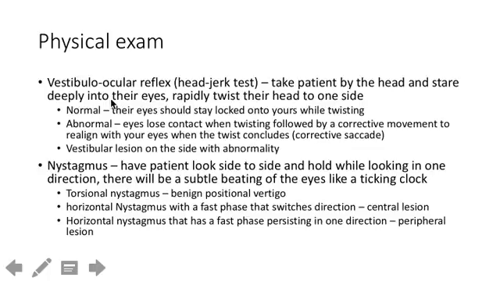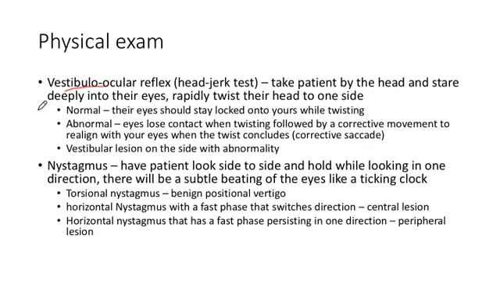So physical exam stuff that I think is potentially going to be useful for you. The head jerk test, or the vestibulo-ocular reflex. This is helpful if they give it to you because it can help you localize which vestibular nerve the lesion's on. So you take a patient by the head and you shake their head real fast, and their eyes should stay locked onto yours.